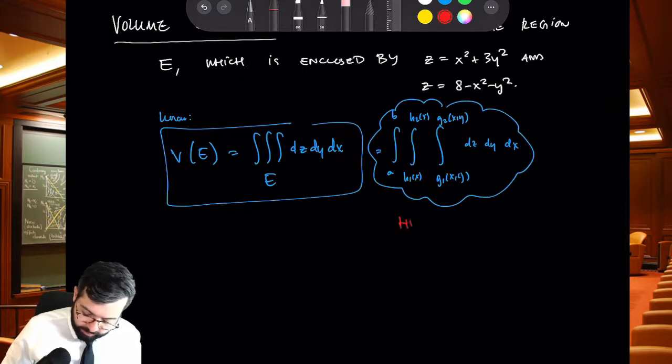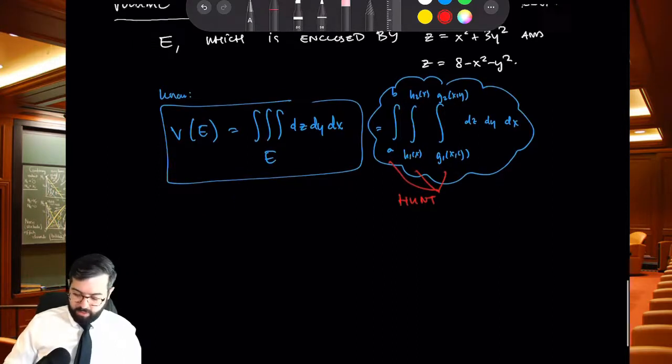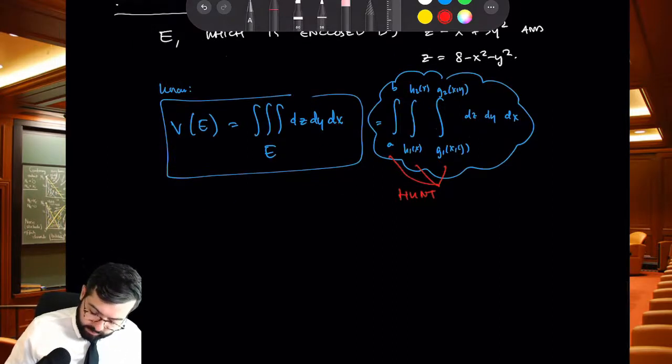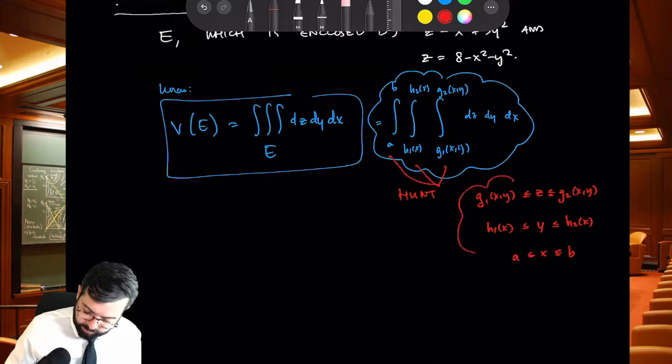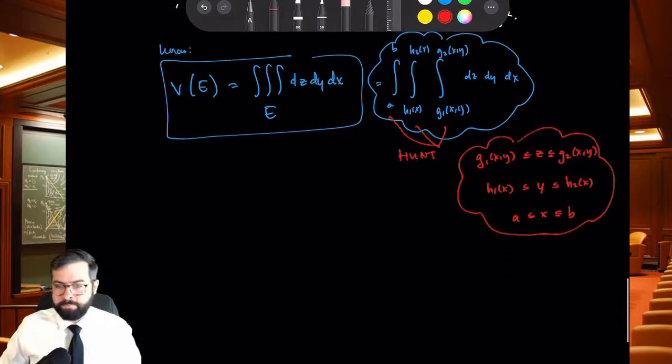So really we're on the hunt for these things, the inequalities. It can help to see them in this way too. So we're looking for all these.